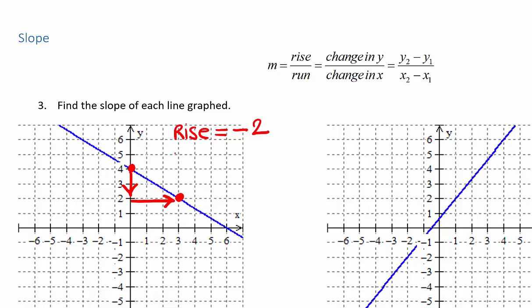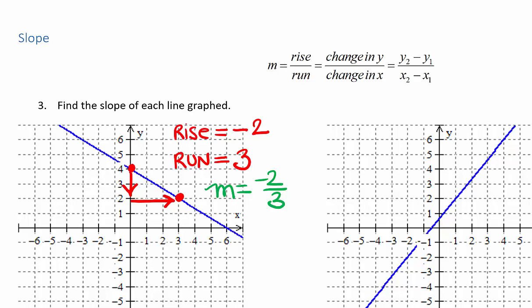And the run is the amount that you have to move horizontally. To the right would be positive and to the left would be negative. So I had to move 3 units over to the right, so the run is positive 3. That means my slope is negative 2/3. Negative 2 over positive 3.